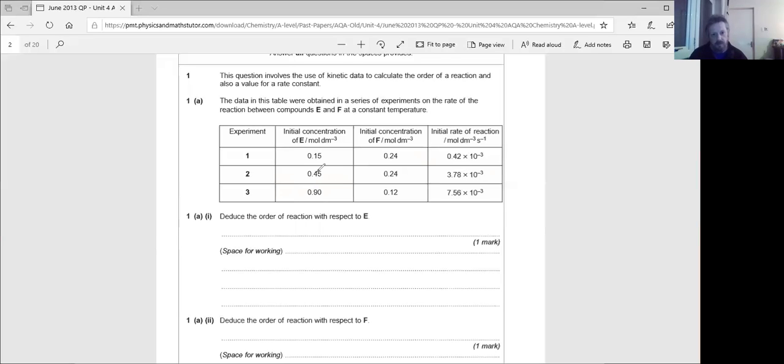So going from experiment 2 to experiment 3, you have multiplied the concentration of E by a half. It has gone down by a half, hasn't it? So we do times 0.5.